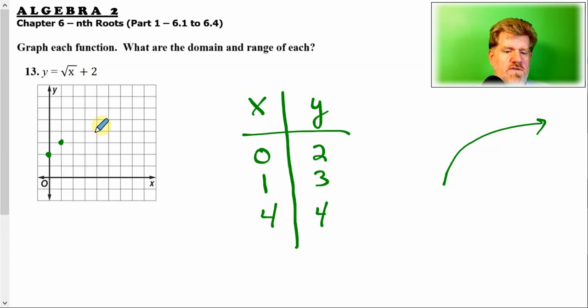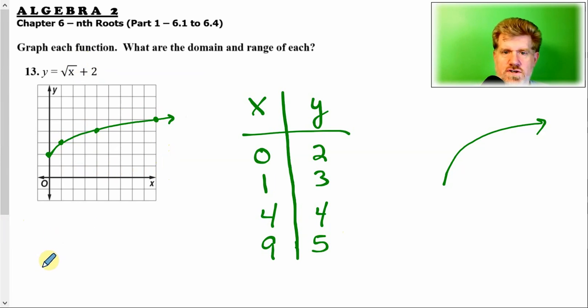And I think I can do a 9. I think I have just enough room. Why 9? Because 9's a square. What's the square root of 9? 3. And 3 plus 2 is 5. So it looks like that.